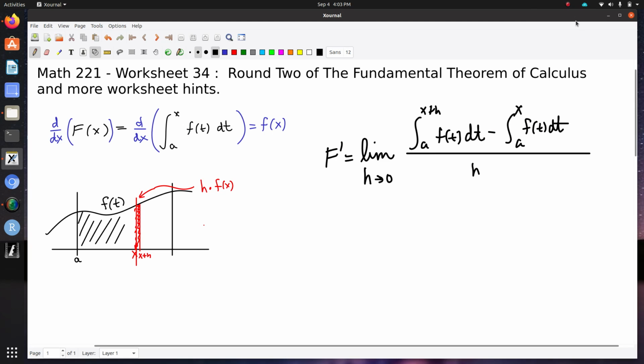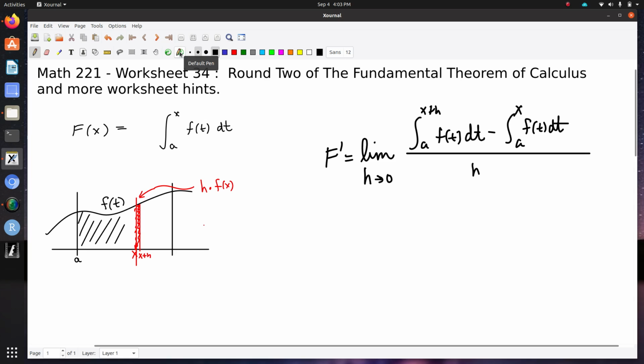The most obvious thing to do if you want to take the derivative of capital F is, first of all, I'm going to get rid of all this blue stuff so you can see what my definition of F was. Now I just evaluate at x plus h and at x, and clearly it's just this red rectangle.